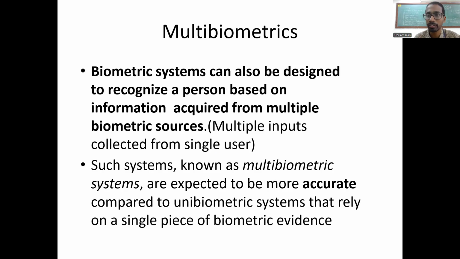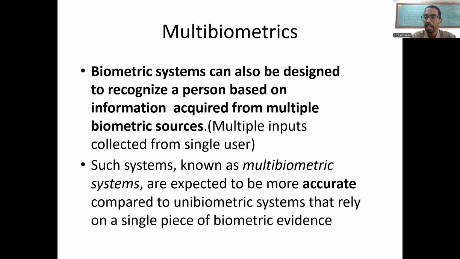So what is the definition of multi-biometrics? A biometric system can also be designed to recognize a person based on information acquired from multiple biometric sources. Multiple inputs are collected from a single user. One input may be collected through an ID card and another from the face or finger.